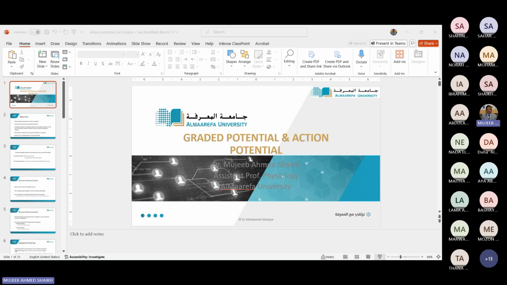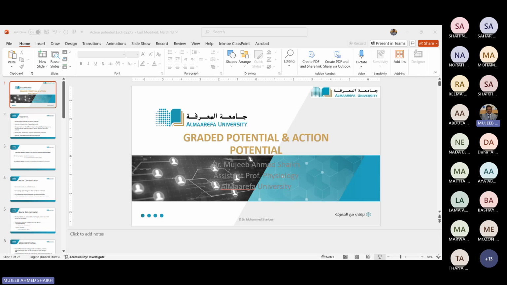Action potential is traveling, whereas graded potential is just coming and going. It will not go from one area to another. Graded potential means, for example, from -70 to -60, a 10 millivolt change. It can be due to sodium entry into the cell, and these graded potentials can be combined. Suppose here is a 10 millivolt change, and here is another 10 millivolt change.